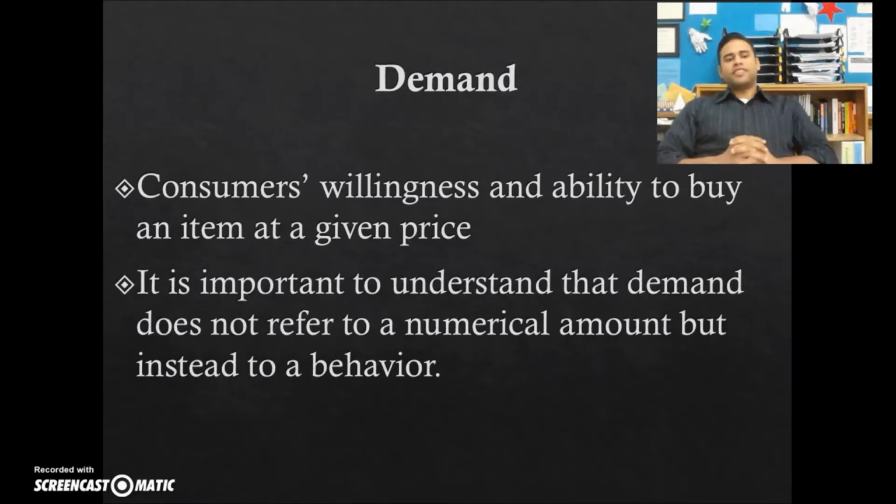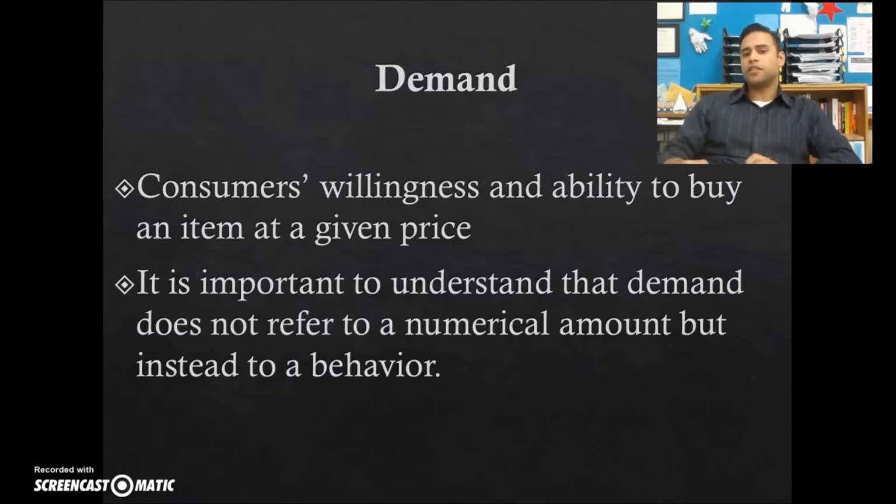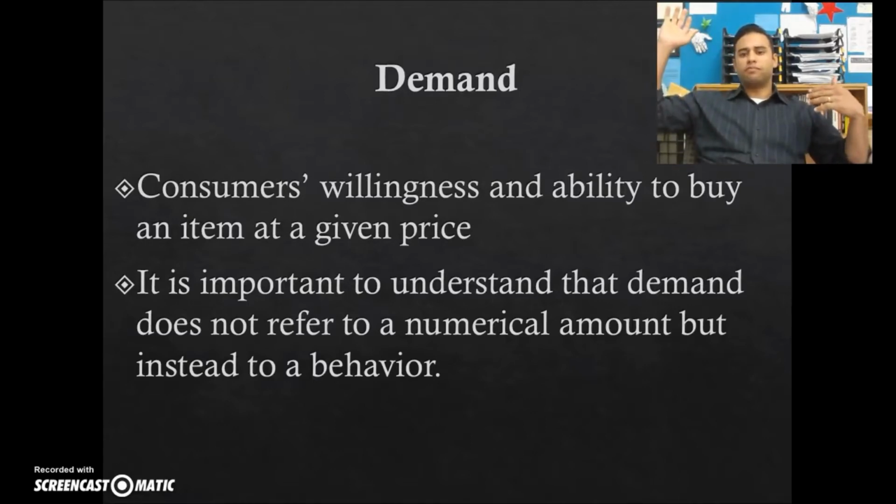This next bullet says it's important to understand that demand does not refer to a numerical amount, but instead to a behavior. This is incredibly important to understand, and it is sometimes a little hard to understand. So when we say demand, what we mean is that a thing could cost a whole range of prices.